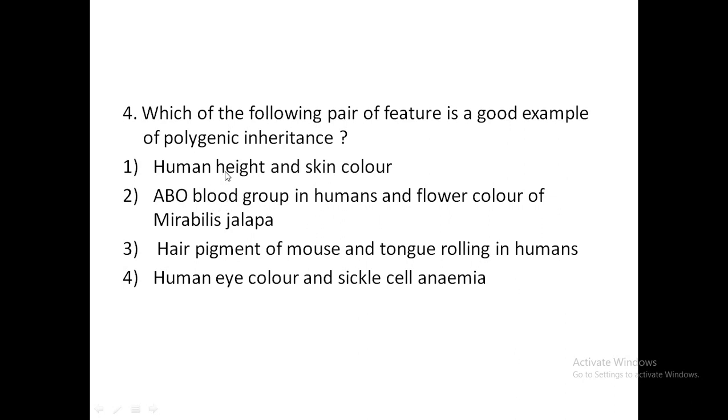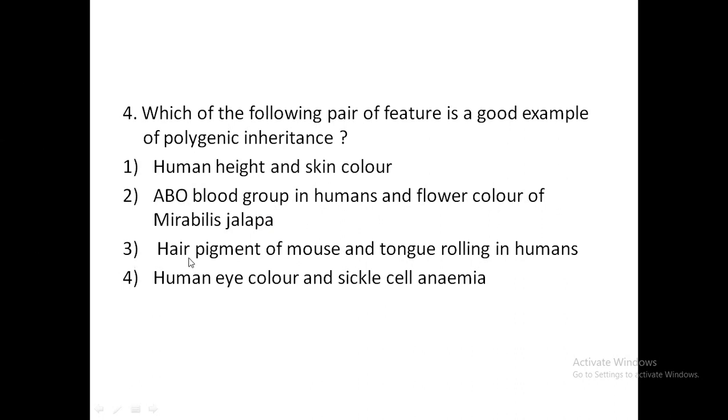That is the difference. Human height and skin color are controlled by more than one gene, and each gene has a pair of alleles. But in ABO blood group, there is a single gene, but there are 3 different forms of alleles. And flower color of Mirabilis jalapa is controlled by a pair of alleles, and that is a single gene.